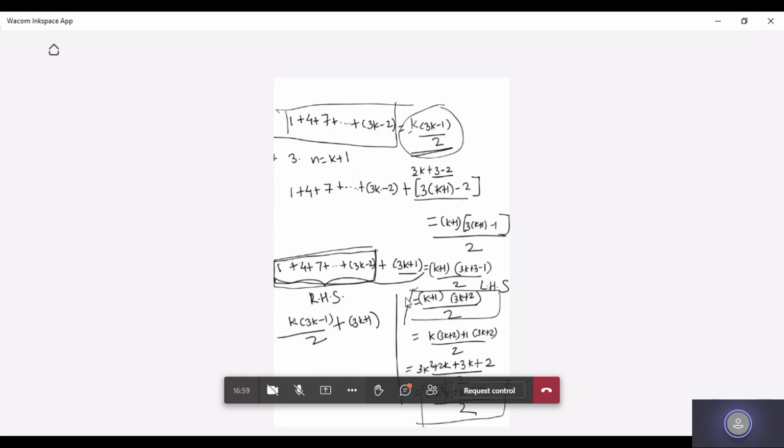Okay, k(3k minus 1) plus 2(3k plus 1) divided by 2.